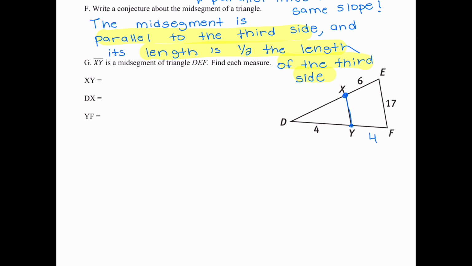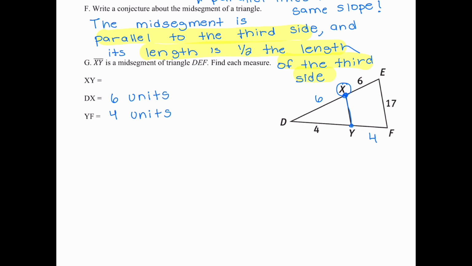Obviously not drawn to scale, but let's just pretend that those are both 4 units. So YF is 4 units. And if XE is 6, that must mean that DX is 6 because X is the midpoint. So DX is 6 units.